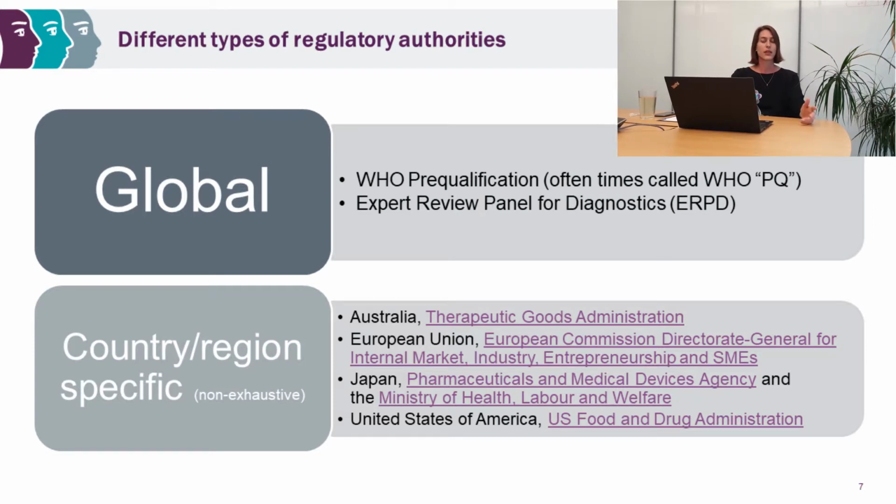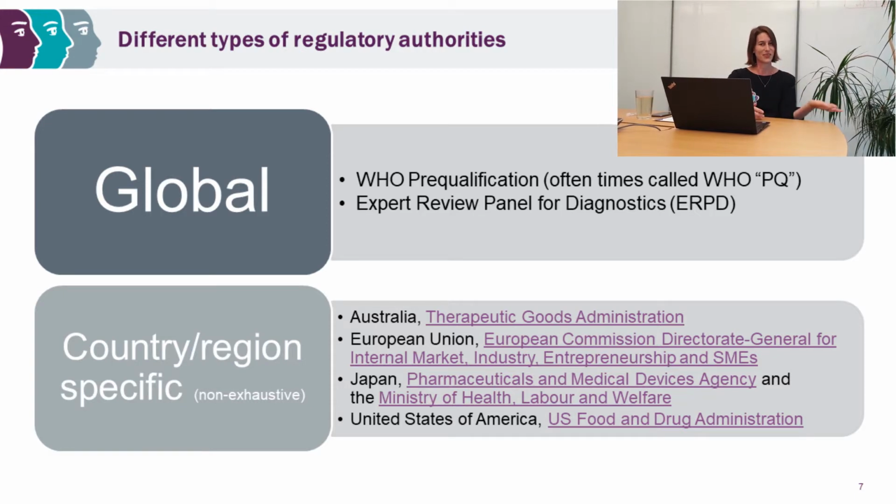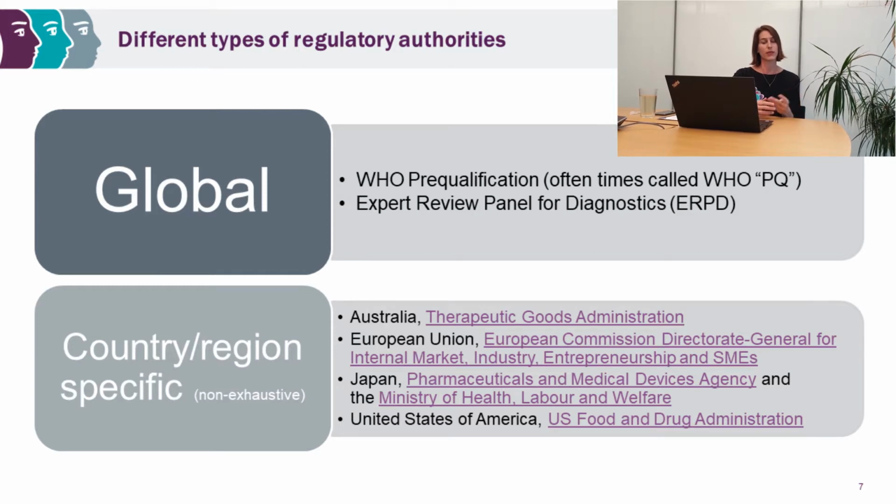And then you have country or regional specific stringent regulatory authorities. On the slide deck here, which we'll be sharing as a resource, so you can reference this in your own time, we've listed just a few of the country or regional specific stringent regulatory authorities. There should be hyperlinks here, so you can click on each of the underlined to learn more about each one that's listed.